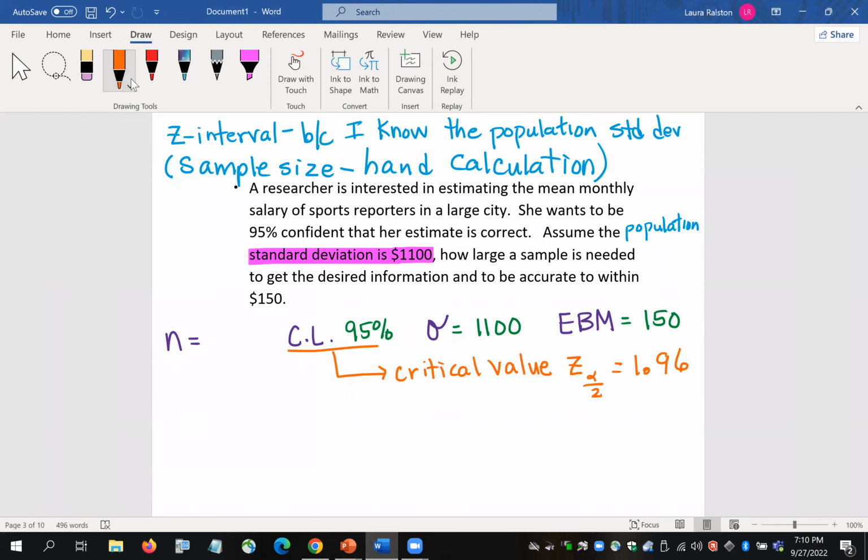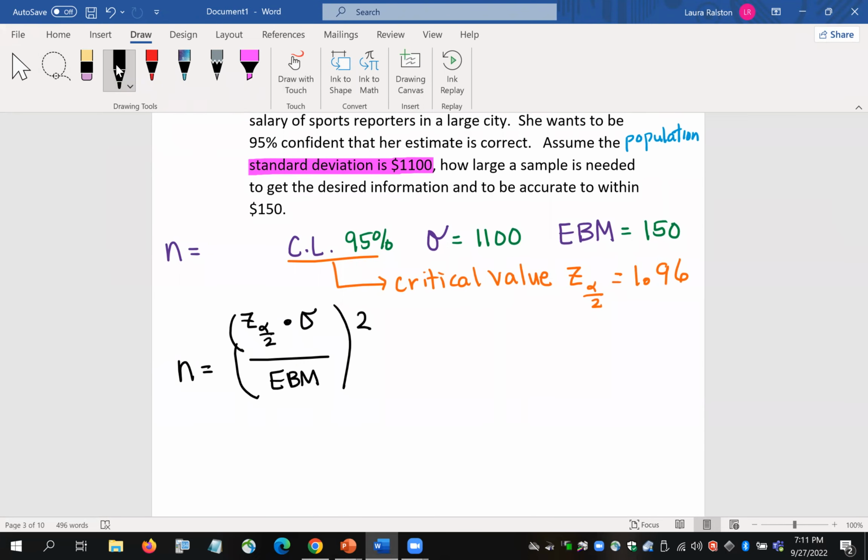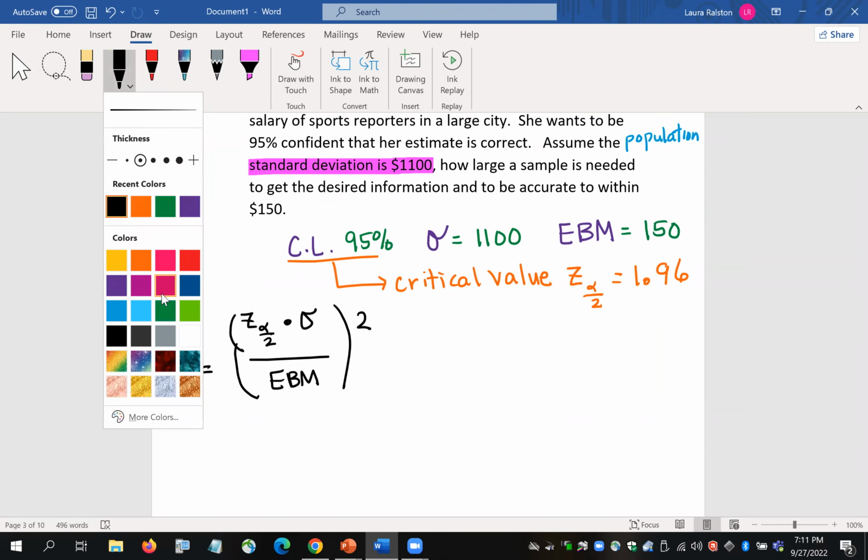The formula is one of the ones I asked you to write down. N is the Z times the population standard deviation divided by the error bound margin, all squared. So at that point, I have all of the information. It becomes a plug and chug.